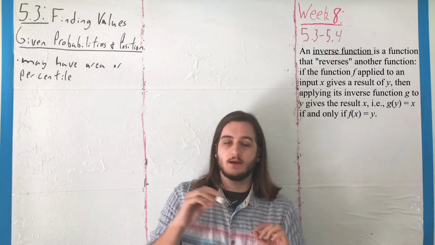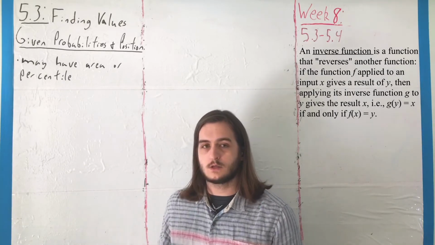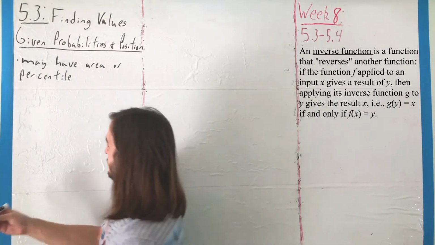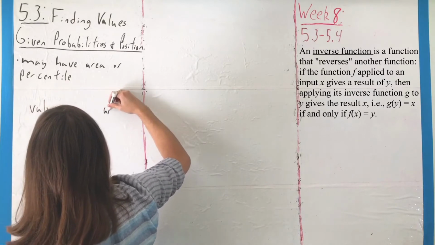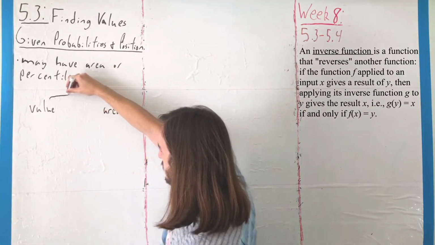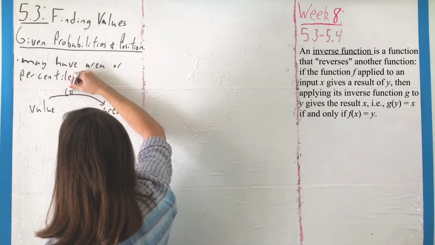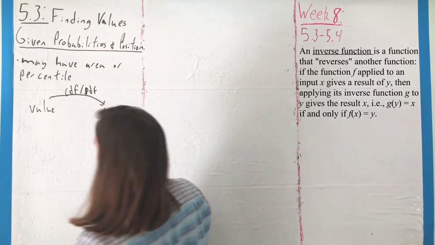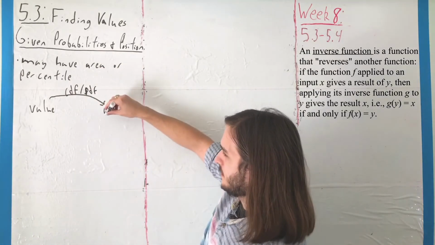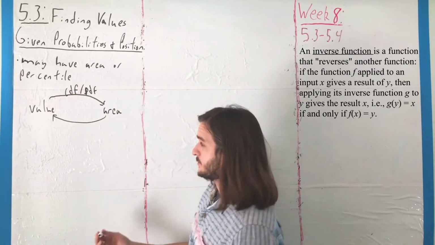So we have our normal CDF type thing that gives us information about an area given a value. So if we want to go from a value to an area or a probability if you prefer, that's what we use our CDFs or PDFs for.